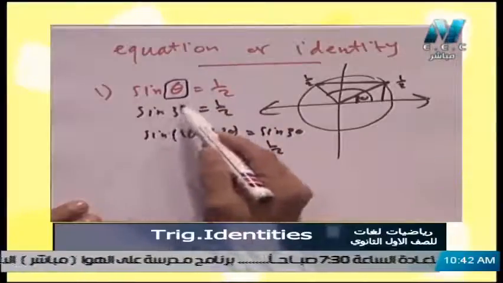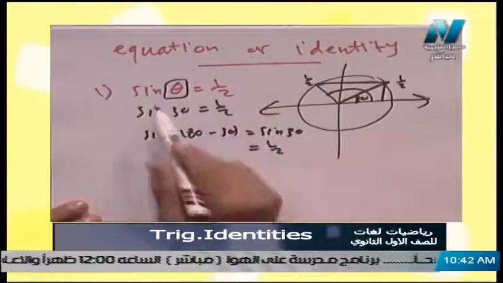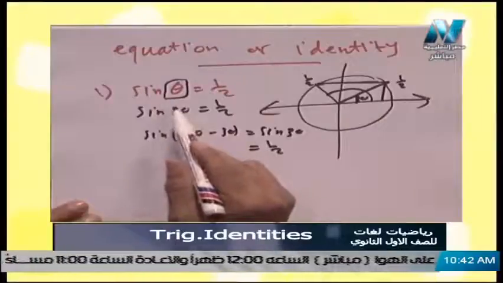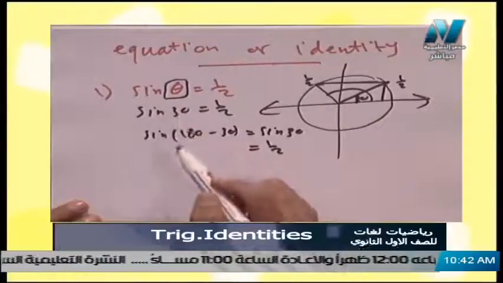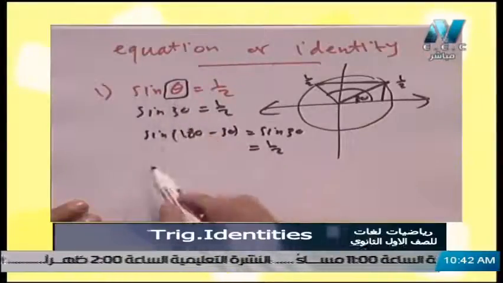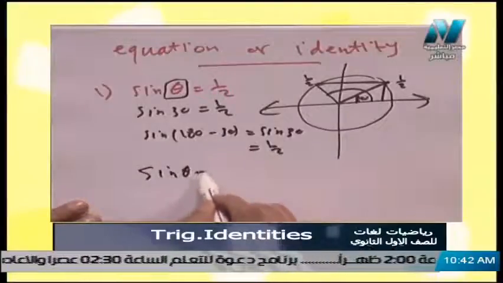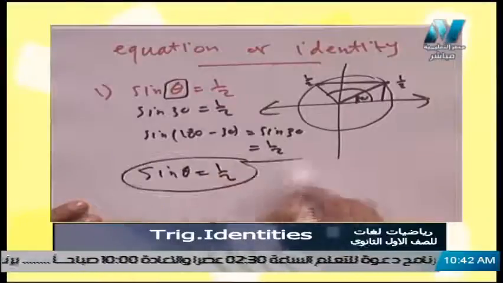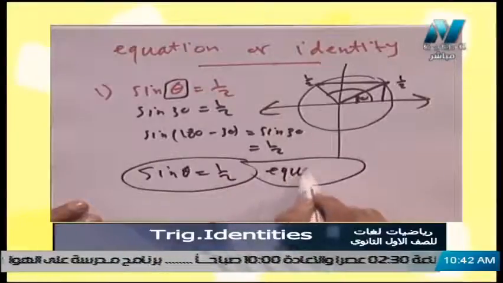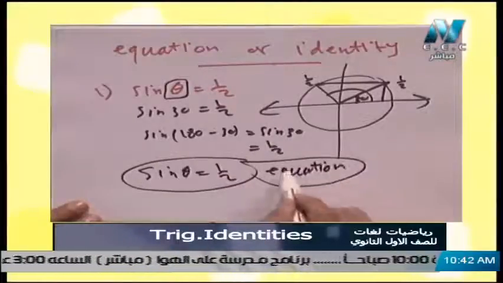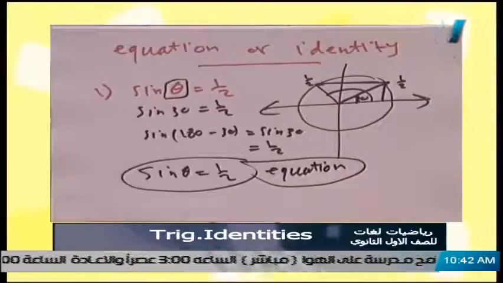Sine 10, as an example, doesn't equal half, so it holds only for specific values of theta. So sine theta equals half is an equation and not an identity.